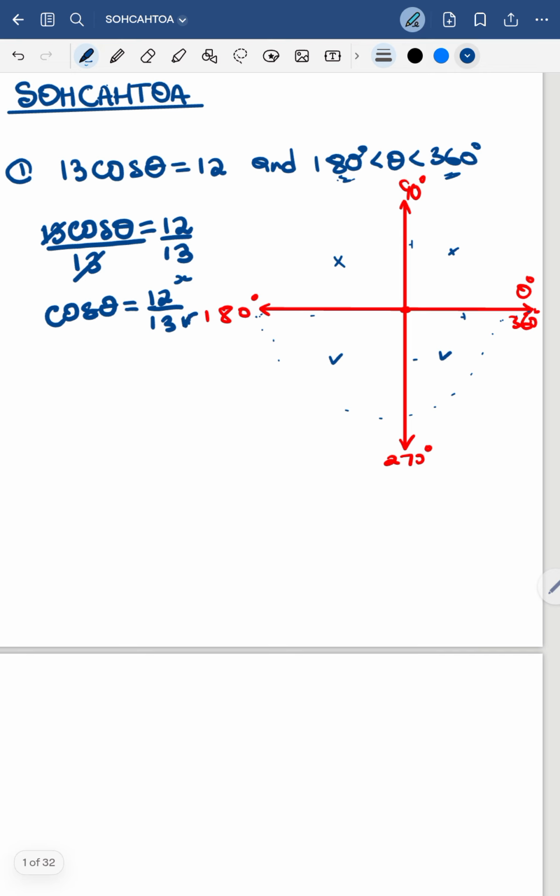Or let me write x and r. You can say x or adjacent, you can say r or hypotenuse. It depends on your choice. So our adjacent side is equal to 12, and our hypotenuse side is equal to 13. That's what it means.